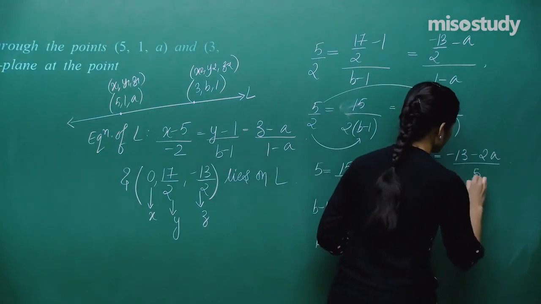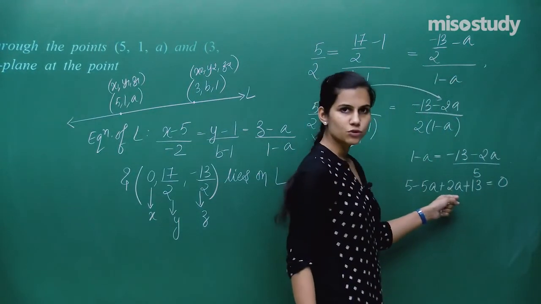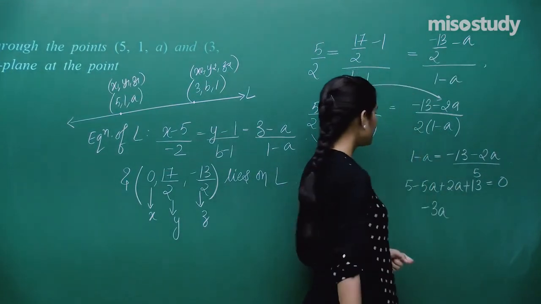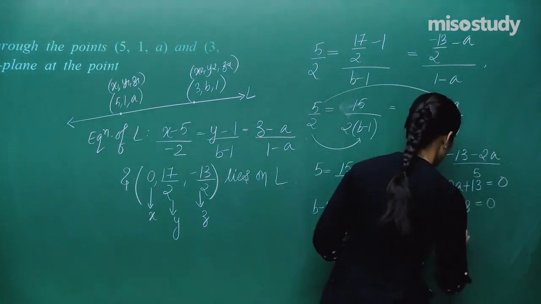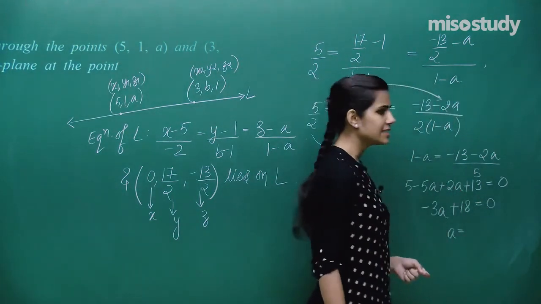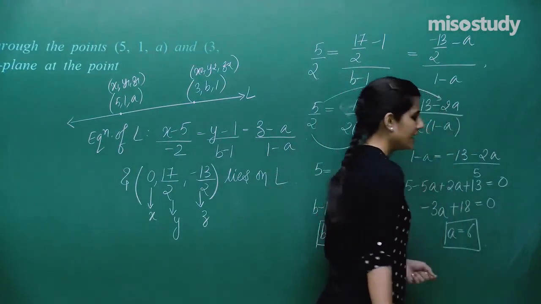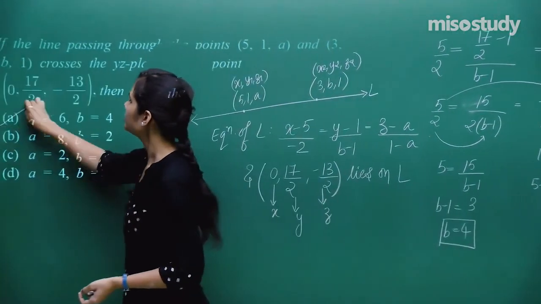So, plus 2a plus 13 is 0. Minus 5 plus 2 gives you minus 3. And 13 plus 5 is 18. So, you get a is minus 18 upon minus 3 which is 6. a comes out to be 6, b comes out to be 4. Option number A is the correct answer.